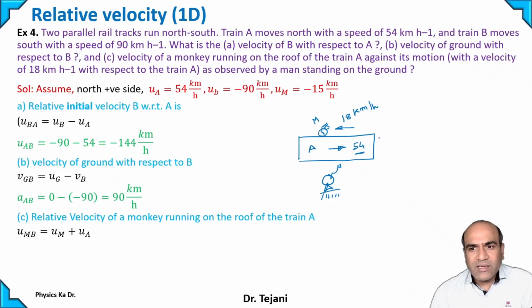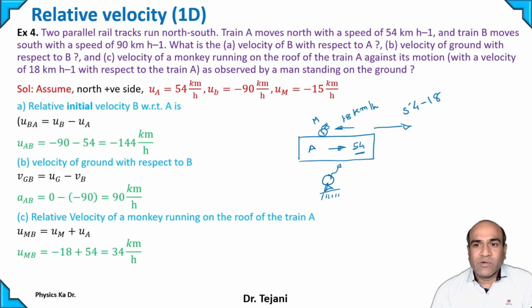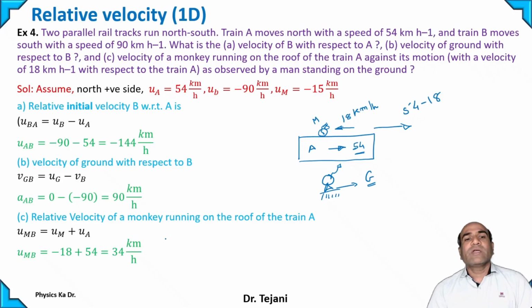So the monkey moving in the forward direction is 54 minus 18, right? Because velocity of monkey is in the opposite direction. Therefore, the velocity of monkey compared to ground becomes 36 kilometer per hour.